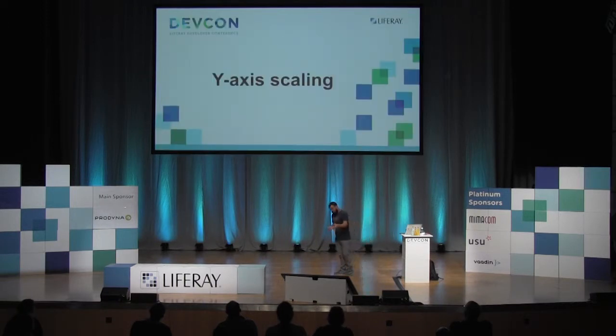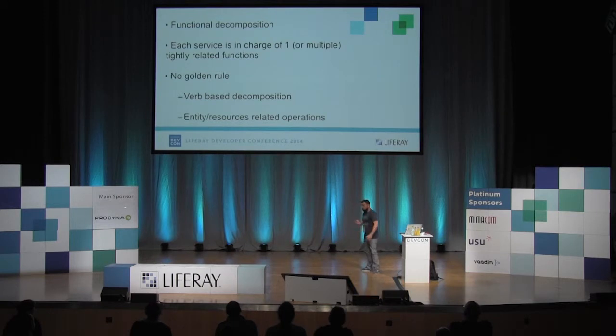So the Y-axis scaling is about microservices. All of microservices is this axis of scaling, okay? When you do microservices, what you want to do is a functional decomposition. It is like, I need to break all this stuff into small services that communicate with each other, but there is no golden rule.